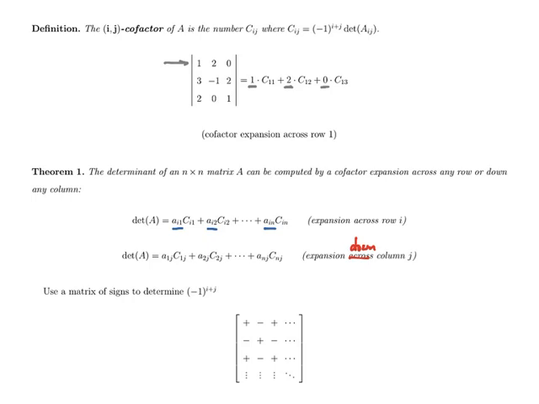And same thing with the determinant of A going down column j. I look at all of the entries of the column, A_1j, A_2j, all the way to A_nj, and the corresponding cofactors.